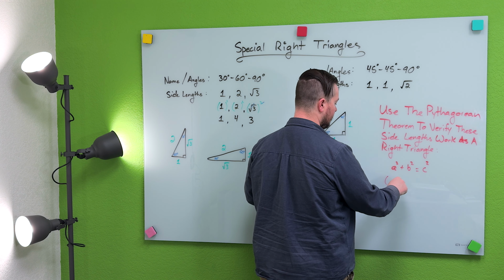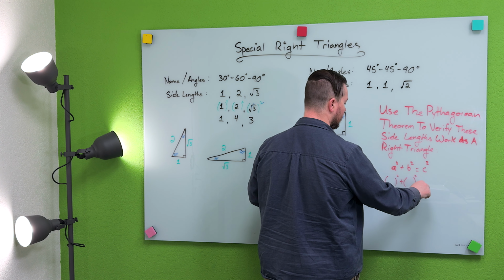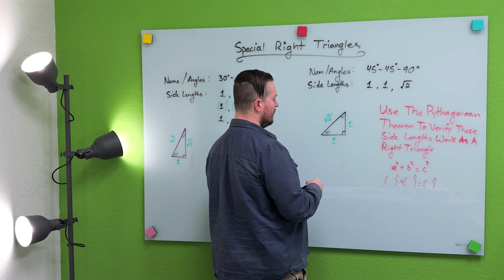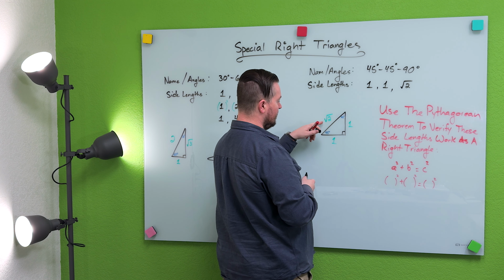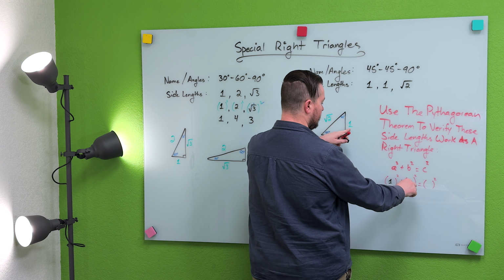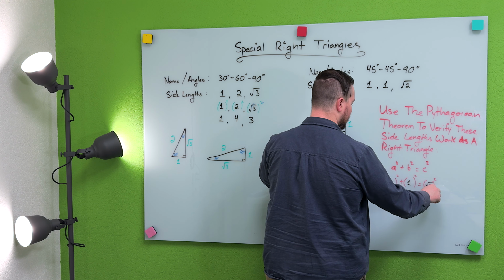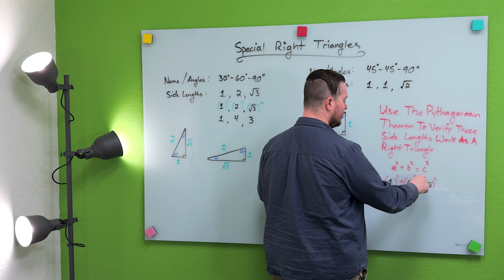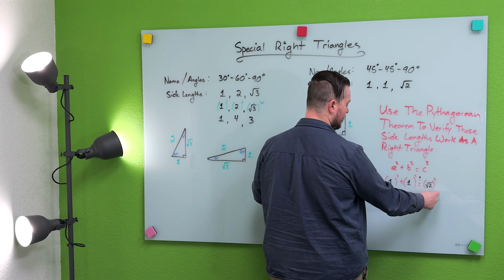We have the first leg squared plus the second leg squared. That should be equal to the hypotenuse squared. So here, what we can do is take the first leg, which is 1, the second leg, which is also 1, and the hypotenuse. We'll plug them into the formula. And now our question is, are these things equal? Are they the same? Is this the same as this?